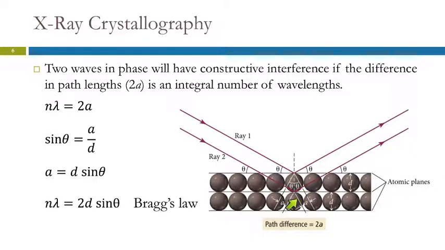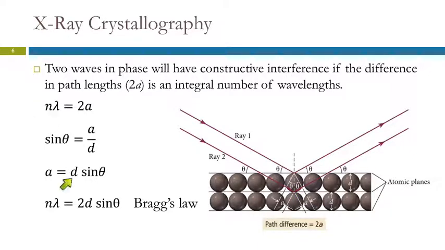because ray 2 traveled farther than ray 1. And you can do a little geometry. Ray 2 went this much farther coming in and that much farther coming out, right?